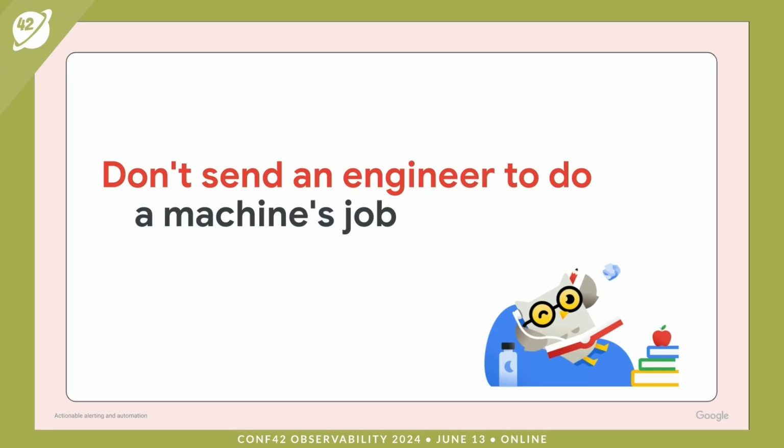Second, find the playbook with instructions for this problem type. And third, execute instructions. Note that with efficient alerts, the first two steps are optimized into a single step because the playbook is already part of the information about the alert.